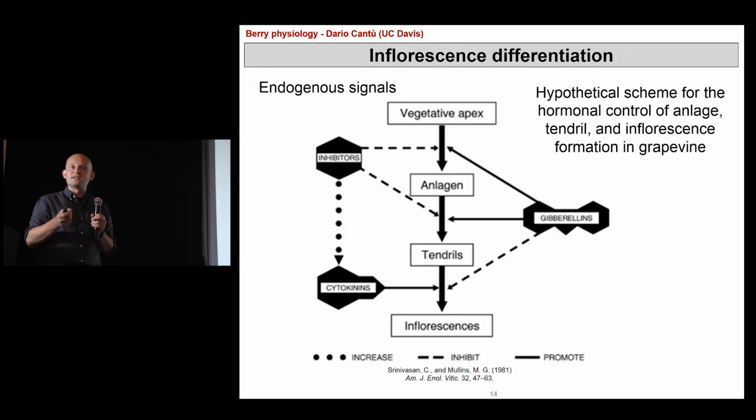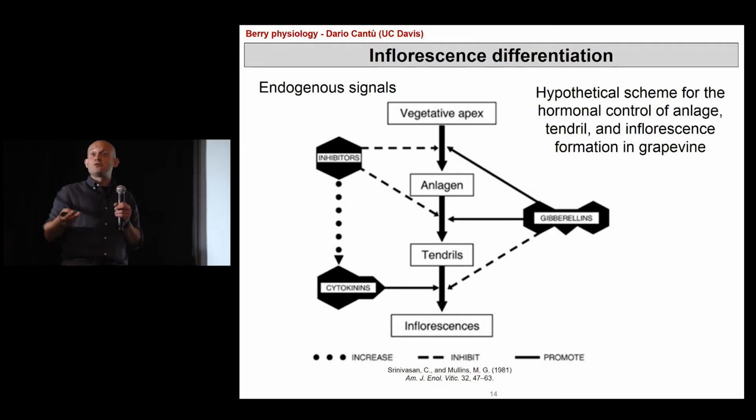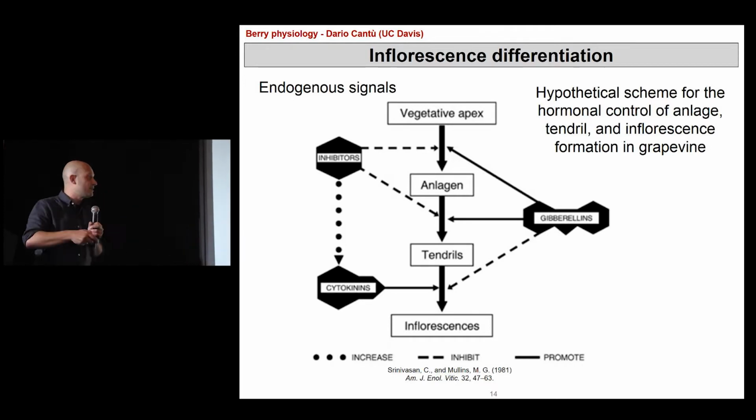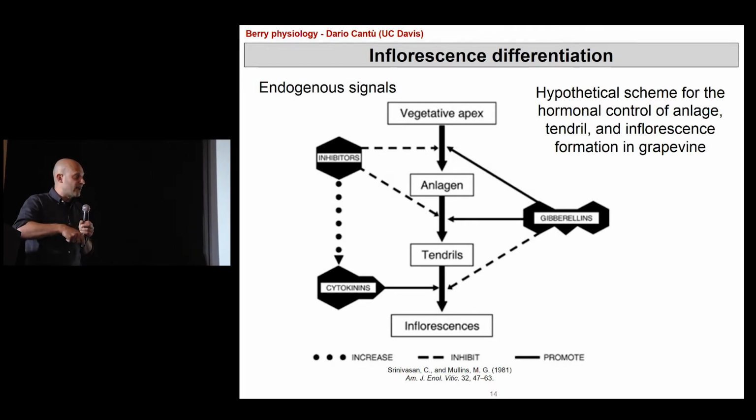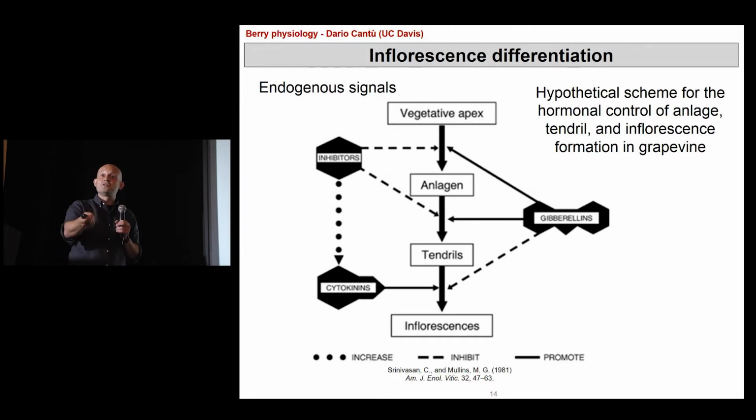Remember before I said you spray with GA a young cluster in order to improve fruit set and early berry development. But at the same time, the gibberellic acid can have an opposite effect in reproductive growth inside the buds. So you may promote year 2 yield, but you may actually inhibit year 1 success.